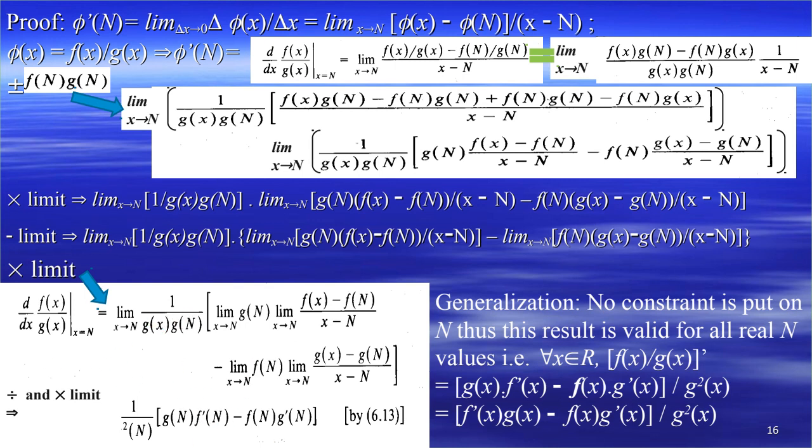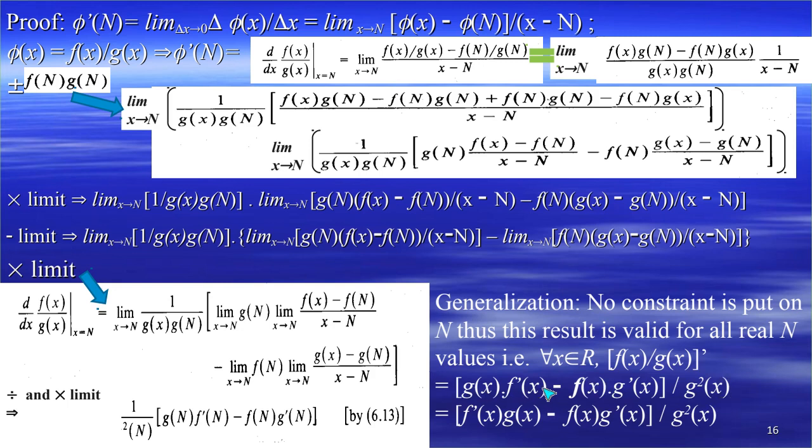You see? So this is the same formula, but only at the point n. But we generalize it. No constraint is put on the value n. Thus, this result is valid for all real n values, which means for all x's in R, the derivative of f x over g x is g x times f prime of x minus f x times g prime of x over g square of x.